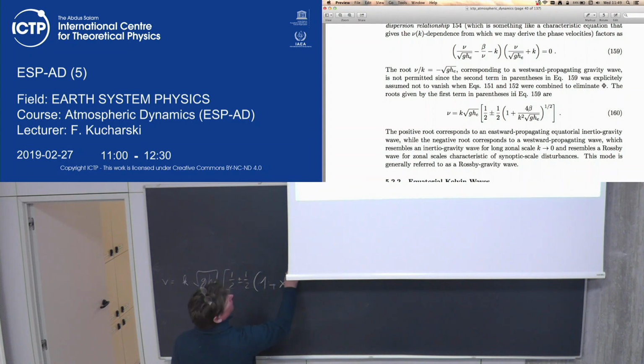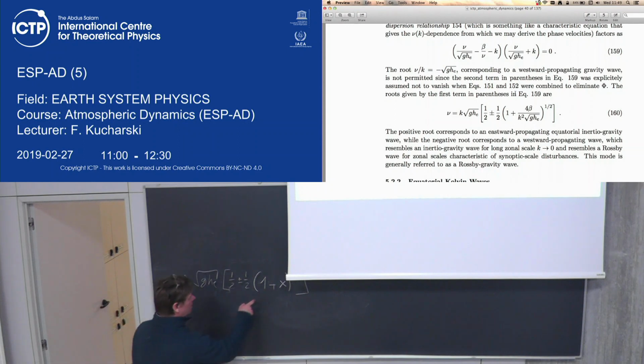So this number here, 4 beta over k square root of gh, is called x. So we consider cases for large wave numbers, small wavelengths, where x is small.